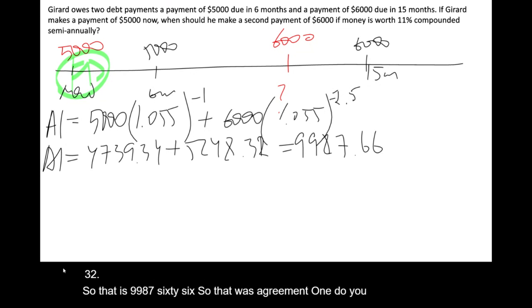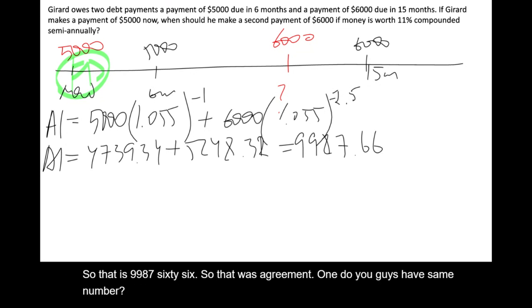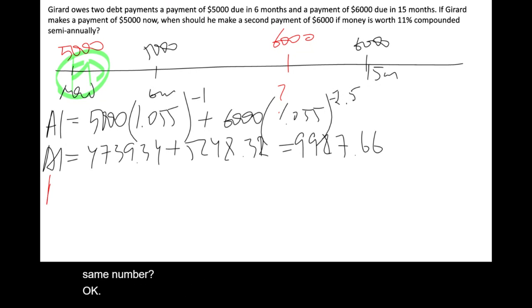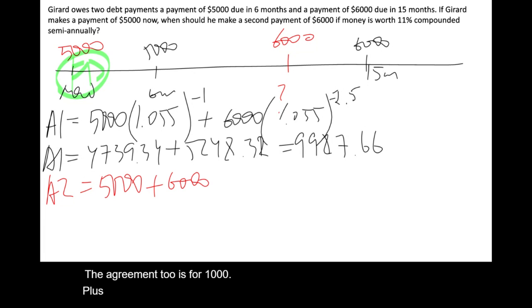Do you guys have the same number? Okay, I see. So agreement 2 is 5,000 plus 6,000 times 1.055 to the negative n.